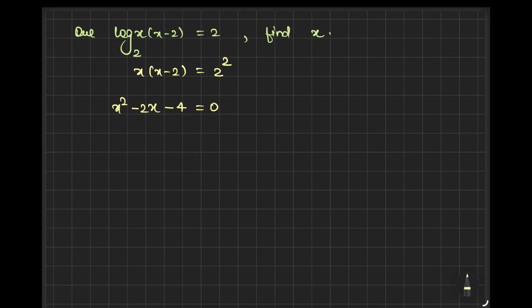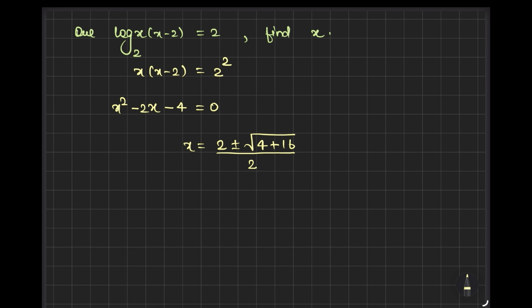Now do the factorization. We know that we cannot factorize this. So what we'll do, we'll use the Sridharacharya rule. Okay, so it goes this way: minus b plus minus root under b square minus 4ac by 2a. Now look at this. This is root 20.